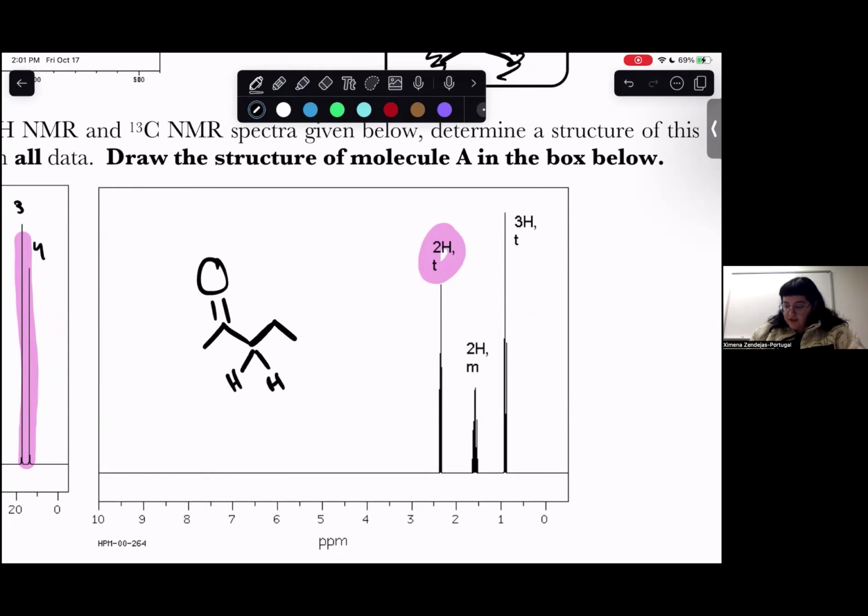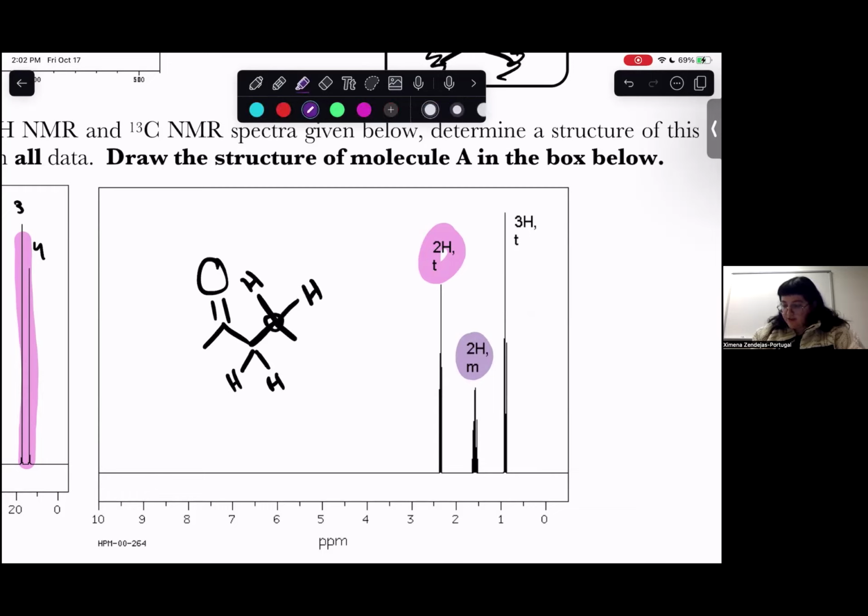And we can verify this knowing that it's only split by 2 directly neighbor hydrogens, which is our next hydrogen peak. When we look at this hydrogen peak here, we can see it's multiply split with a lot of multiplicity, which would be the hydrogens on both sides of this carbon. And it's only 2 hydrogens there, so we will put 2 hydrogens there.